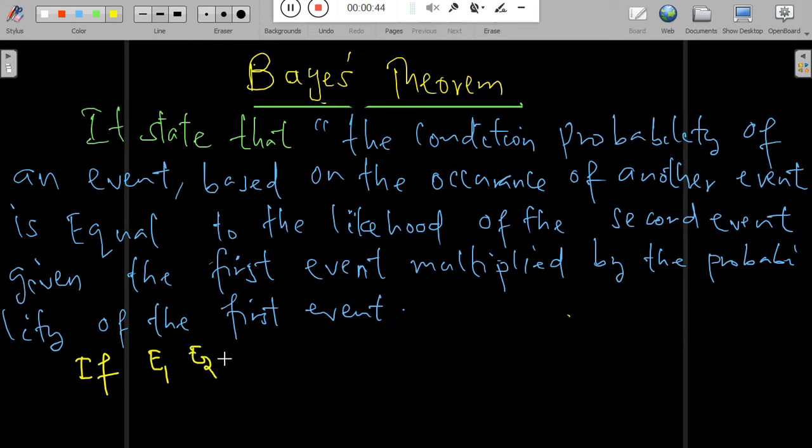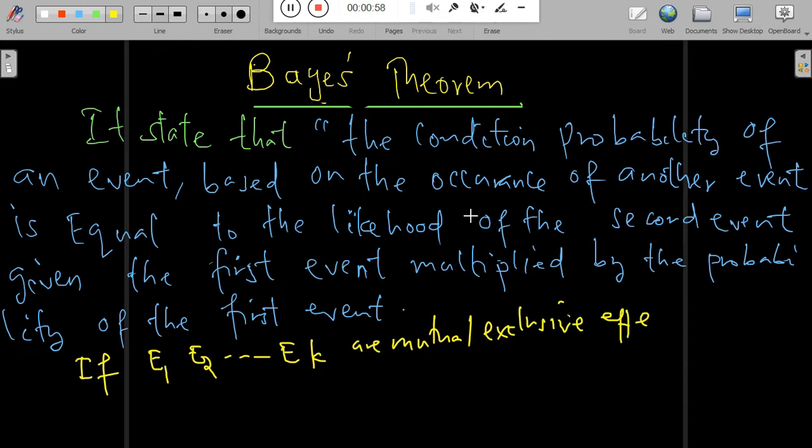Let's assume, for example, we have event 1 and event 2 up to event infinity. Let's say it is event 1, event 2, event 3 and so forth. So suppose E1, E2 up to EK are mutually exclusive events. Mutually exclusive events is a statistical term that describes two or more events that cannot happen simultaneously.